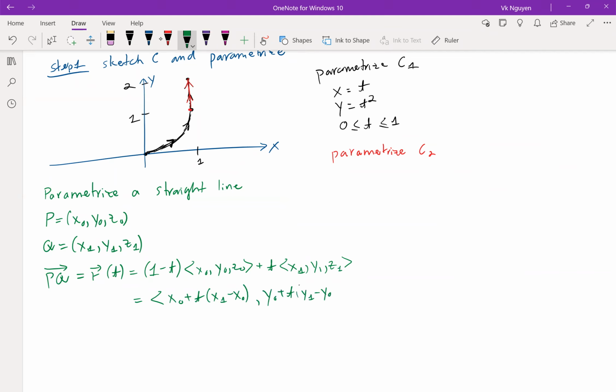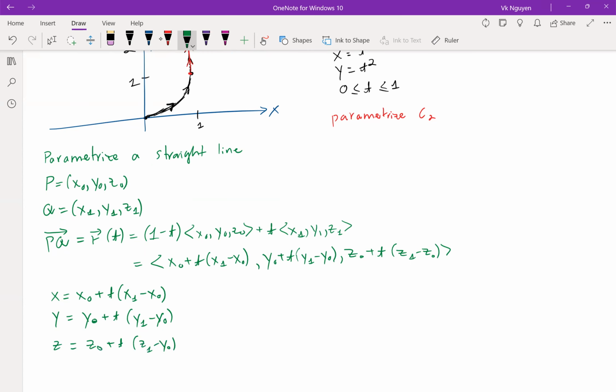From here we see x equals x0 plus t(x1 minus x0), y equals y0 plus t(y1 minus y0), z equals z0 plus t(z1 minus z0).